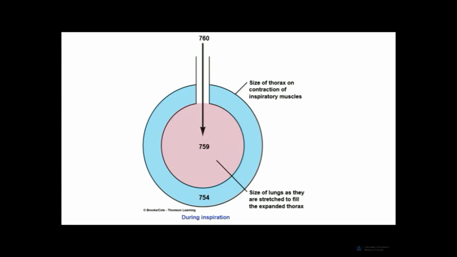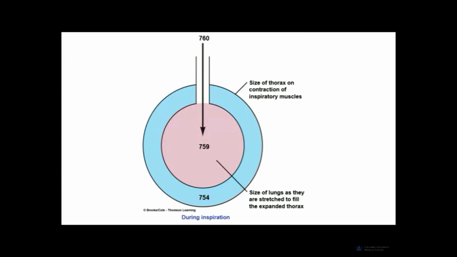So the thoracic cavity volume expands, pulls on the lungs, and that intrapleural space expands a little bit, and the pressure drops. Okay. Now, air moves into the lungs until the pressure inside the lungs is what? 760, right? Because then there's no more gradient.